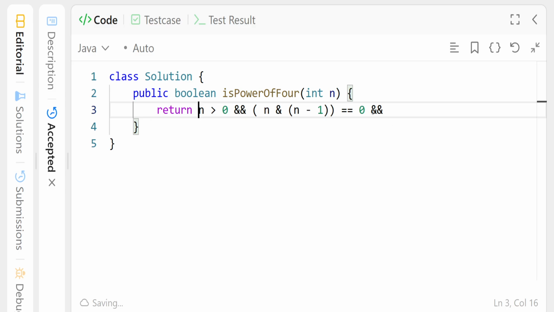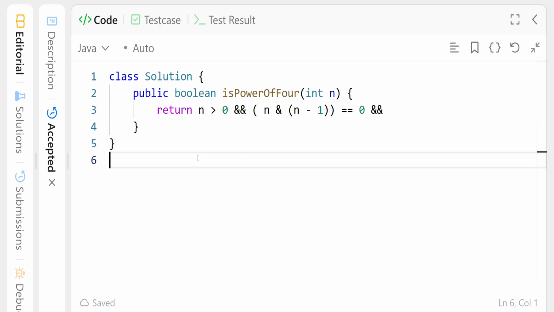But as you see, I have not written anything here yet. Now what you need to understand is that a power of 4 is a power of 2, but the single one bit is always in an even position if you count from the right.